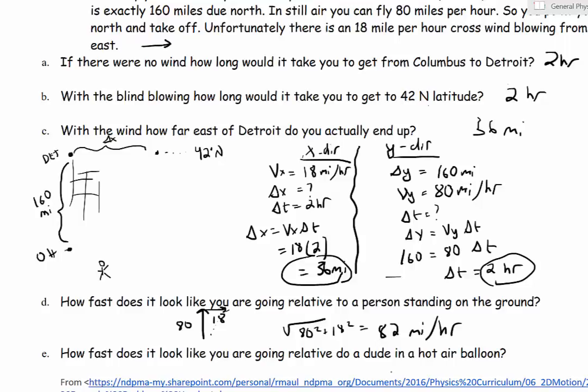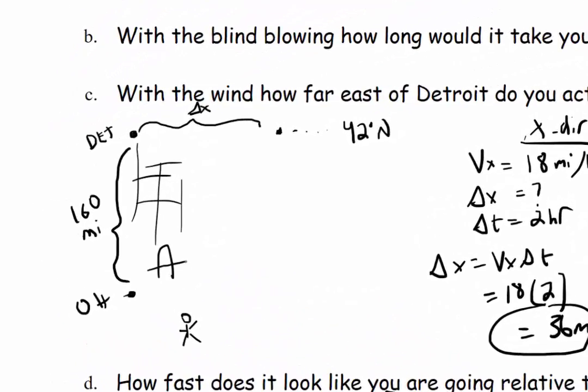How fast does it look like you're going relative to a dude in a hot air balloon? So as I'm watching this plane kind of do its thing, here's my plane flying along here. It's moving north, it's moving east. I'm actually seeing it go this way.